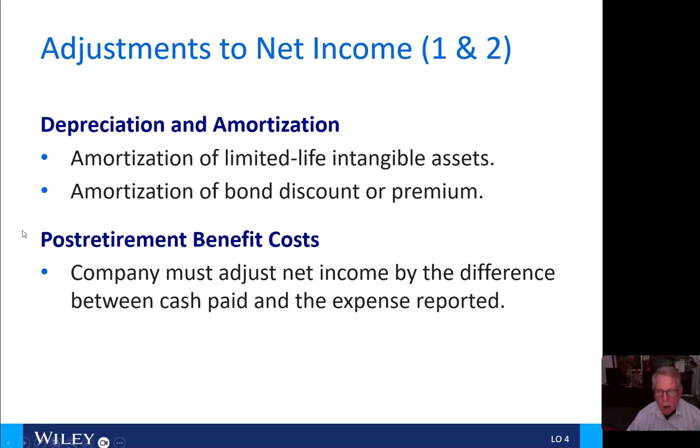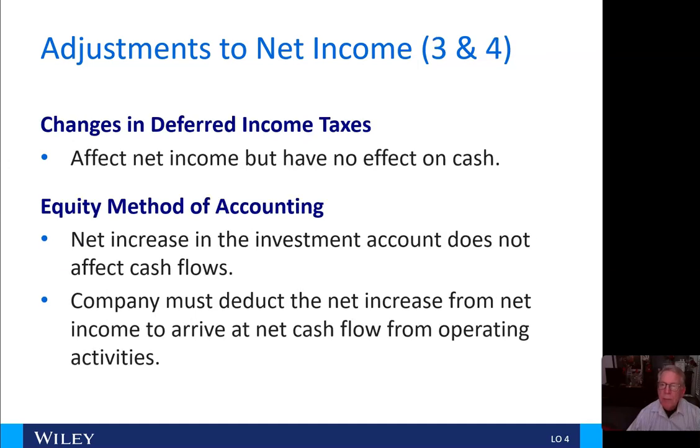Post-retirement benefit costs. A company must adjust net income by the difference between cash paid and the expense reported. Changes in deferred income taxes. Here, it affects net income, but has no effect on cash.